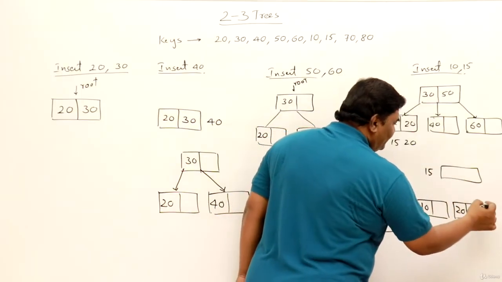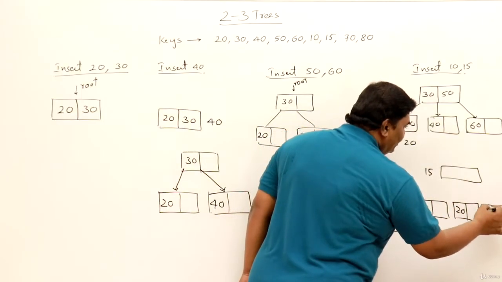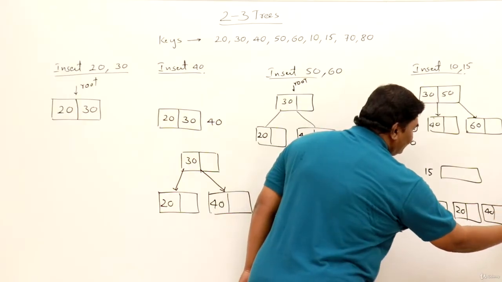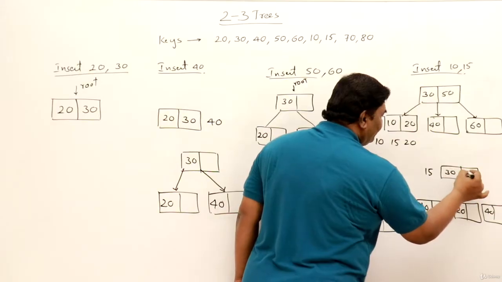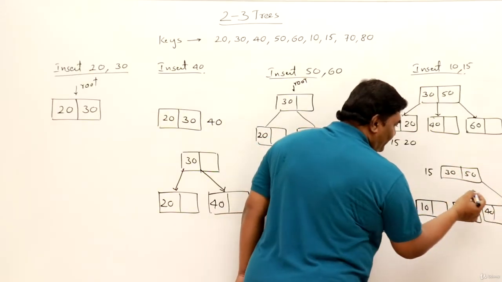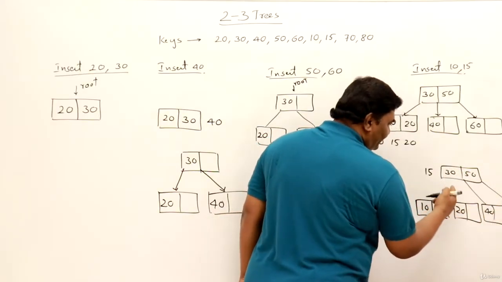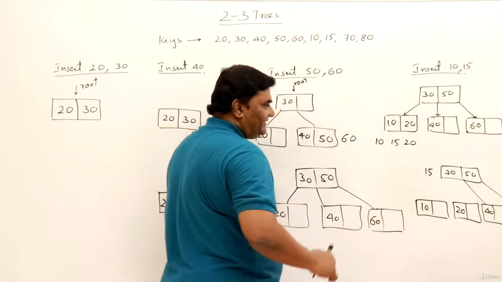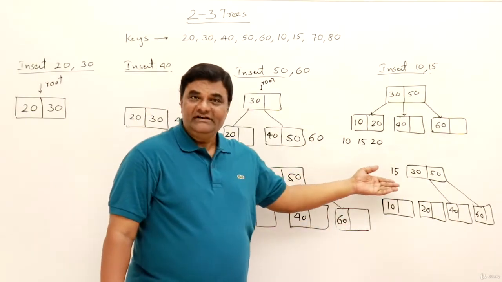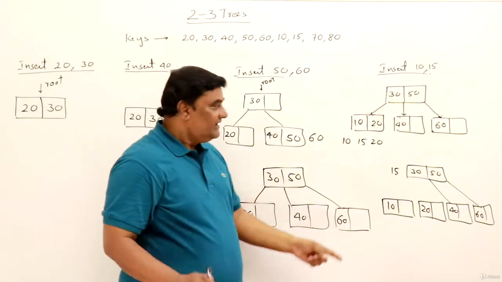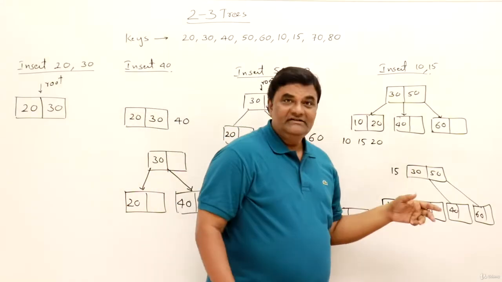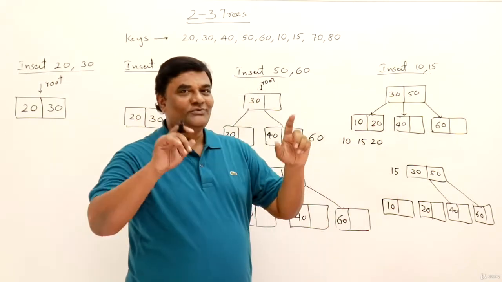Then the rest of the nodes: here I have 40 and here I have 60, and in the root we already have 30 and 50. This 50 was pointing on this one and this middle child is this one. Now this left child we have split. There is no space for 15. Just now we have done it for 50: 50 went up and there was a free space. There is no free space for 15. Then what to do? Split that root also.